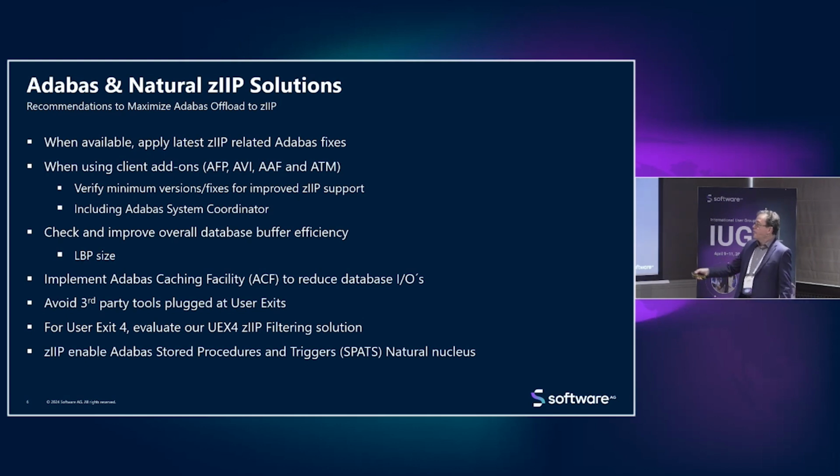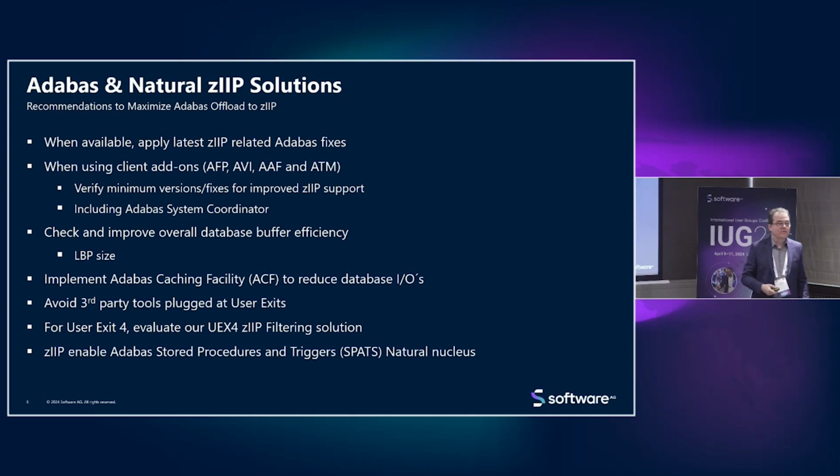Check and improve overall database efficiency, LBP size, large buffer pool. The more we reduce Adabas IOs, the better for zIP, because we reduce the switches. Therefore, if you increase your LBP, if you tune the LBP, and that's what, for example, we did when Sasha, we were doing the POC, and I typically, when I join the POCs and I'm supporting the customers during POC times, I typically look at the Adabas performance as well, because it's important for the efficiency of zIP, as we see.